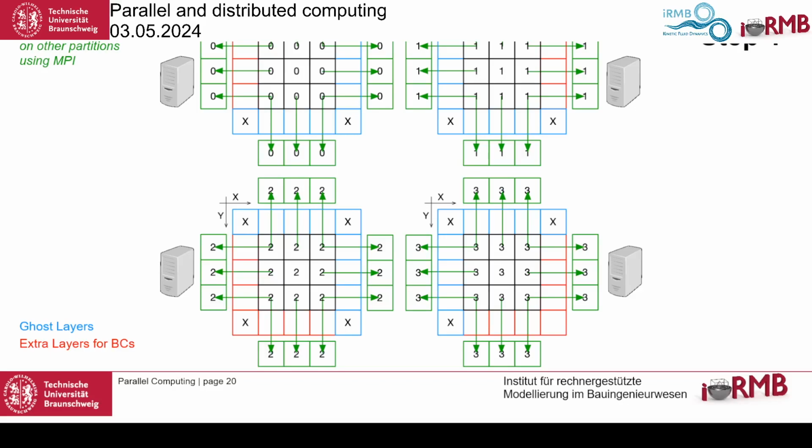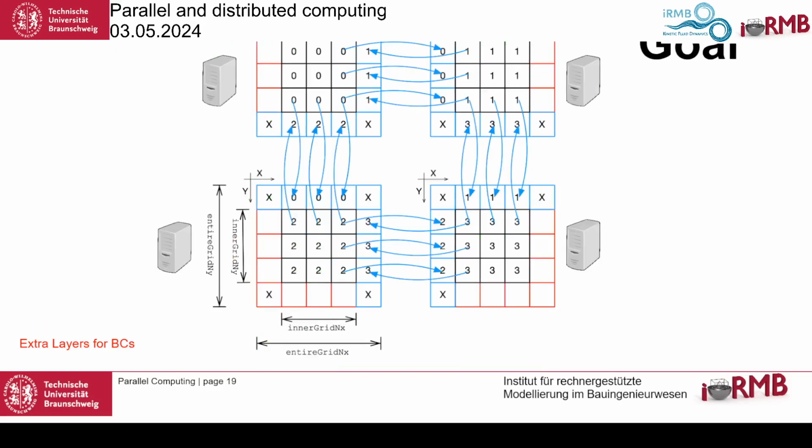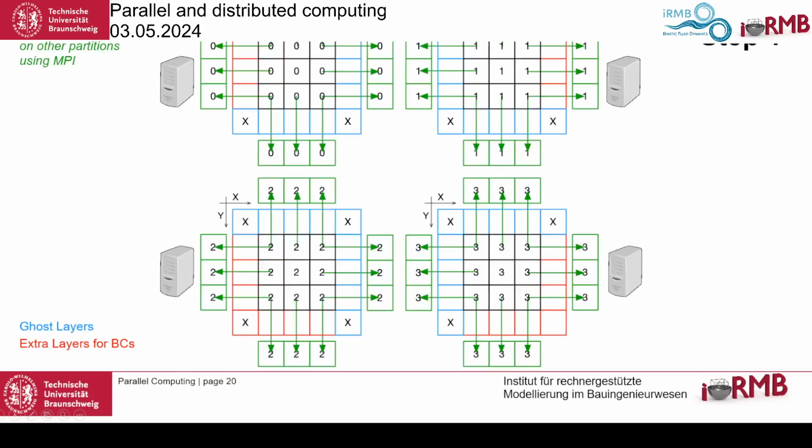So the way it is supposed to be done, and now in this picture, the previous picture was just the communication with 4 processes. Now the way this is displayed would also work with processes all around it.